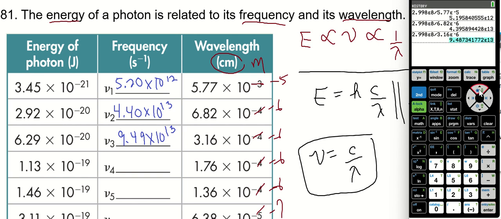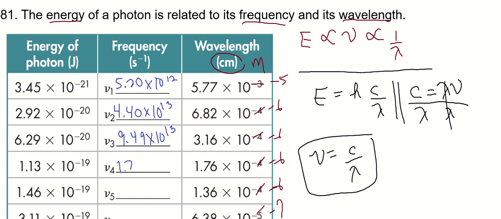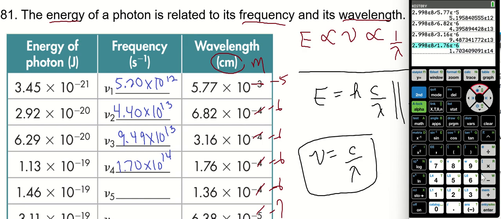Next one, copy. Just change the wavelength to 1.76. It's already at times 10 to the -6, so it's 1.70 times 10 to the 14. Copy, change the wavelength, 1.36.